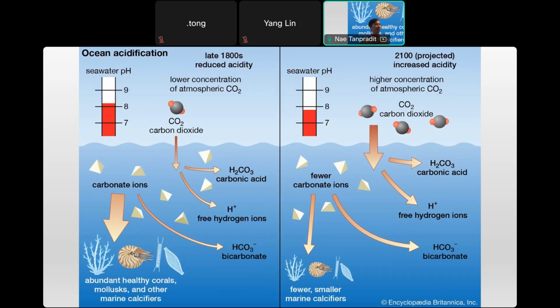If the seawater pH is above 8, they can have plenty of carbonate ions and keep that calcium and carbonate to make the shell. They are calcifiers. A calcifier makes shells.